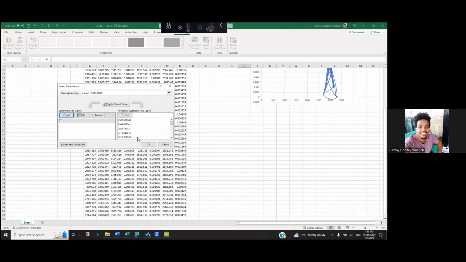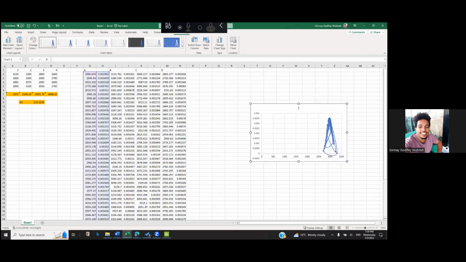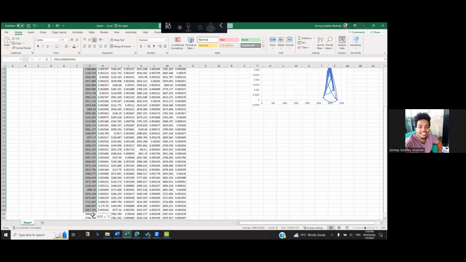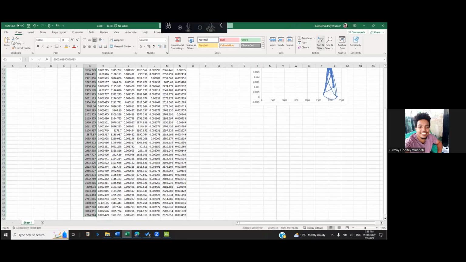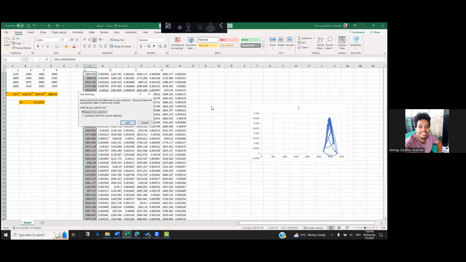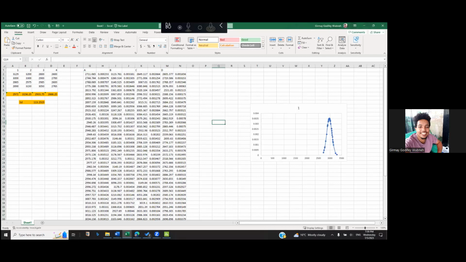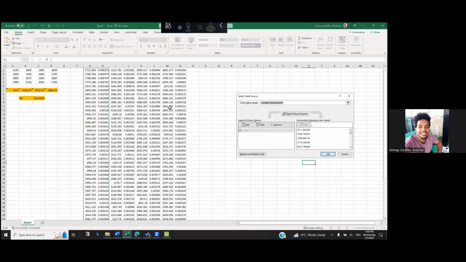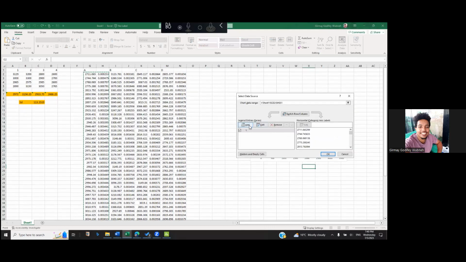Sort from smallest to largest like this, and similarly for all of them. Select data, add.